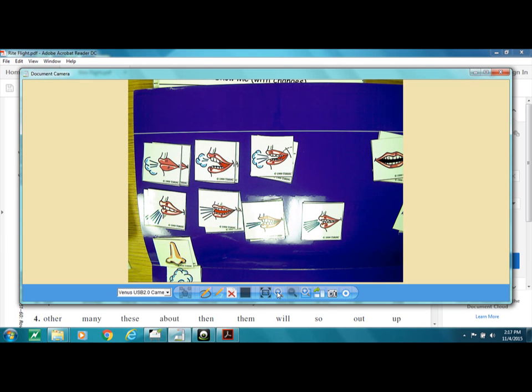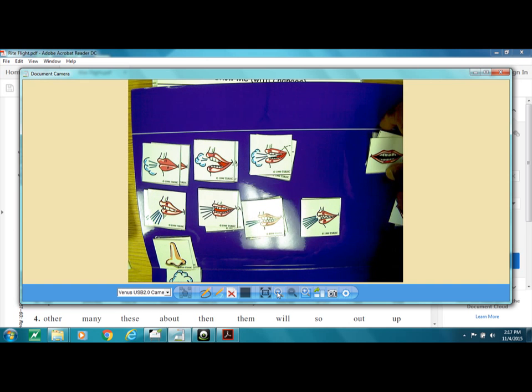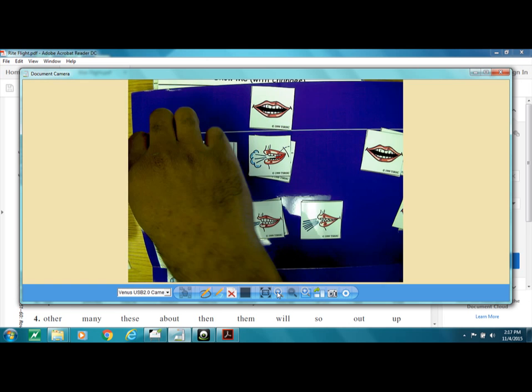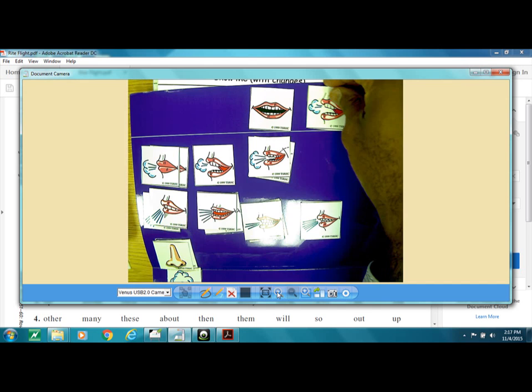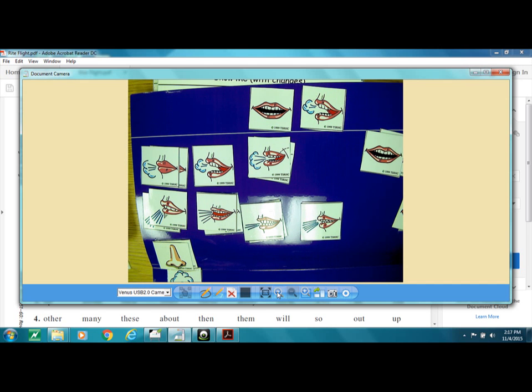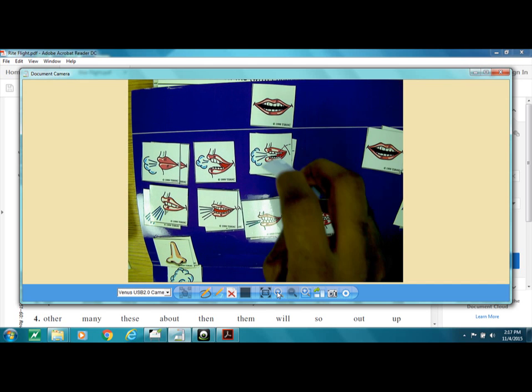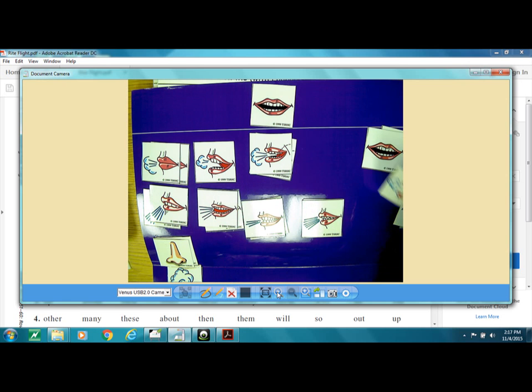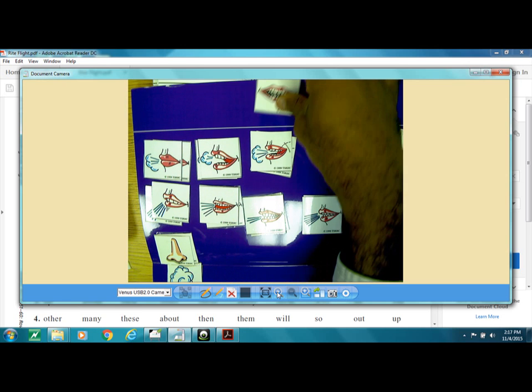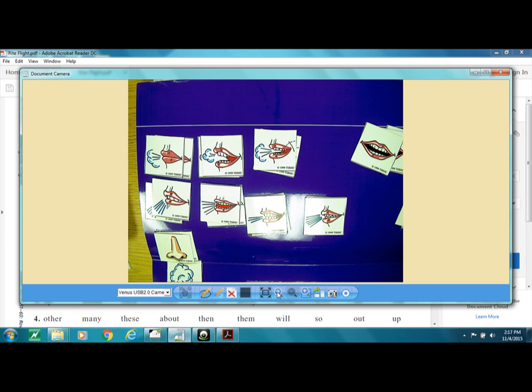Echo, d. Echo in your mirror, d. Let's identify the picture, the cards that you need. D. Replace. Okay.